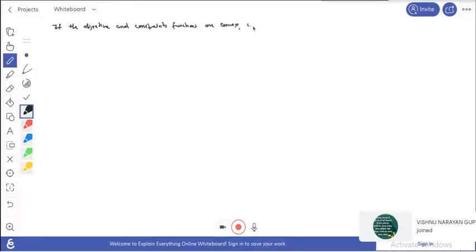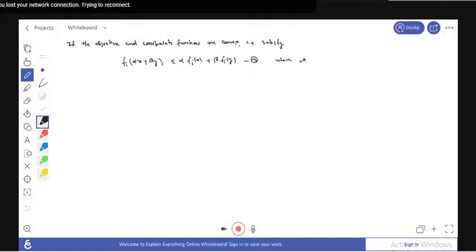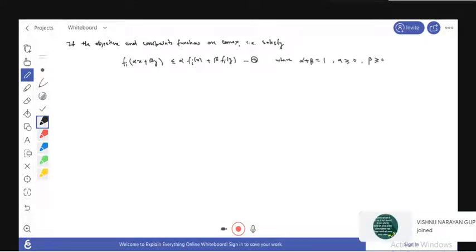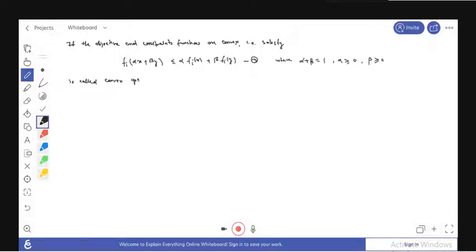Convex function means they satisfy this relation: fi of alpha x plus beta y is less than or equal to alpha times fi of x plus beta times fi of y, with alpha and beta scalars satisfying certain conditions. If that type of relation is satisfied, it is called a convex optimization problem.